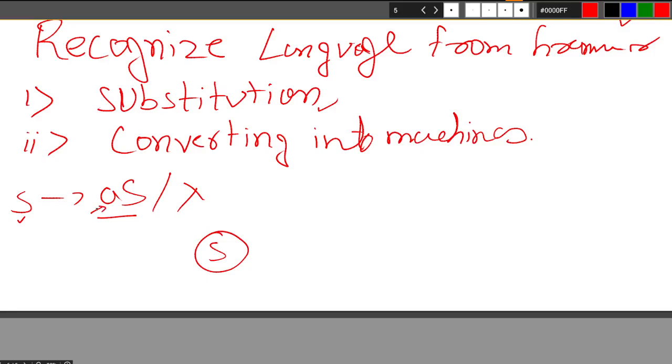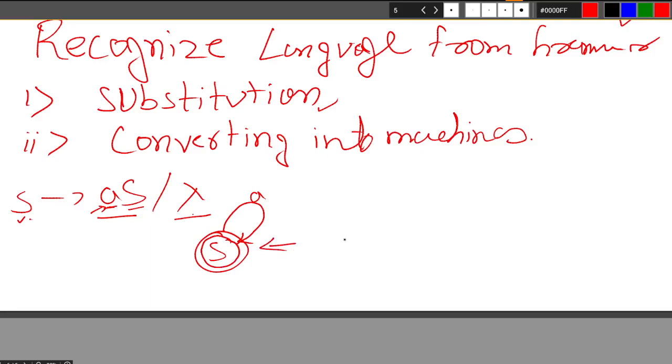It is saying if a is coming, on a you will go to state S. Another production rule is saying S gives lambda. That means this is the final state.